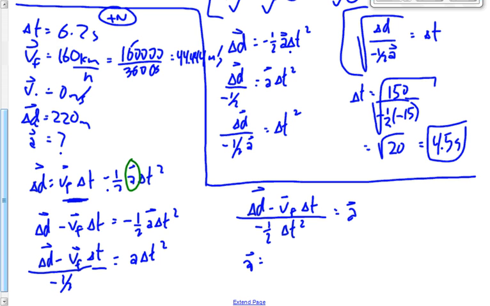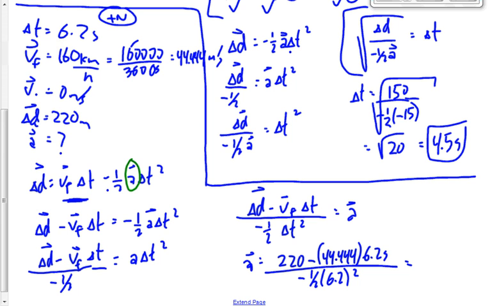A is equal to 220 minus VF times T. That's 44.444 times a time of 6.2 seconds, divided by negative a half times 6.2 squared. Now this is even kind of ugly putting it into our calculator here. Let's do this as a group.